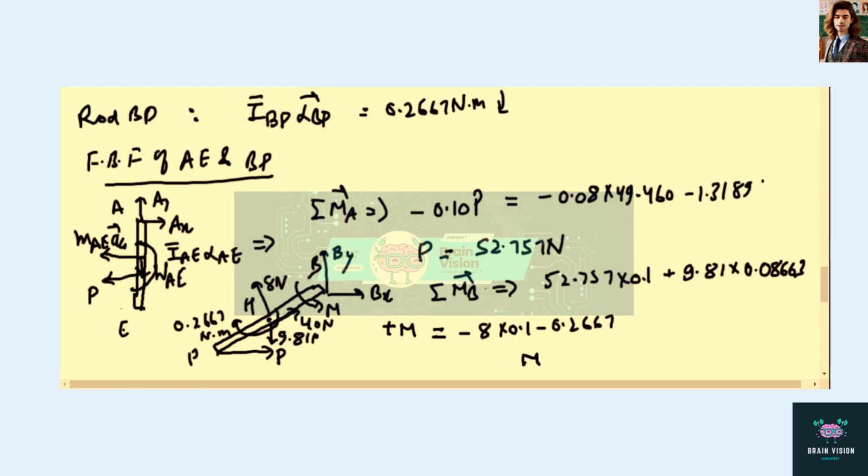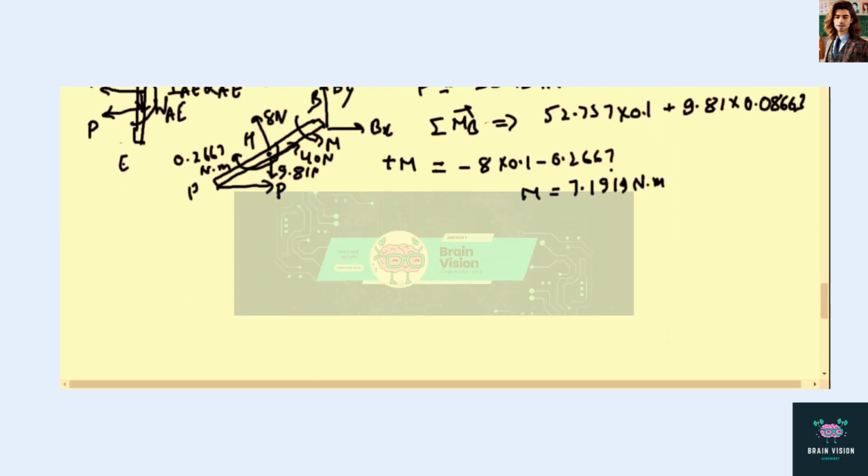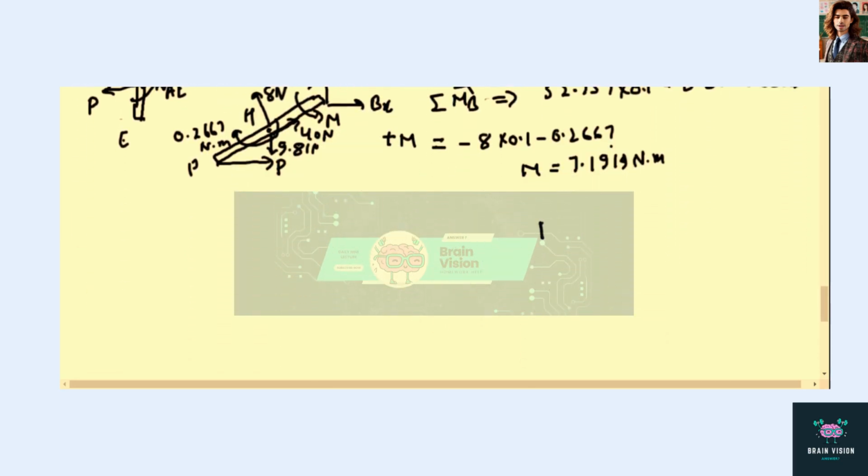So on solving, M you will get 7.1919 Newton meter. So we can write the final answer: the couple having the value 7.1919 Newton meter in clockwise direction, and P having the value 52.8 Newton towards left. That's all for it.